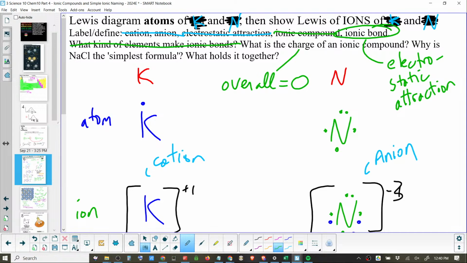As you had to do here, nitrogen needed to be -3, so it kept attracting potassiums until it had all of its electrons, and then you get that particular ratio of 3 to 1. And what holds it together, we already said that. That's the electrostatic attraction.